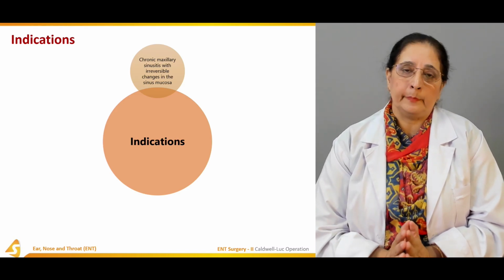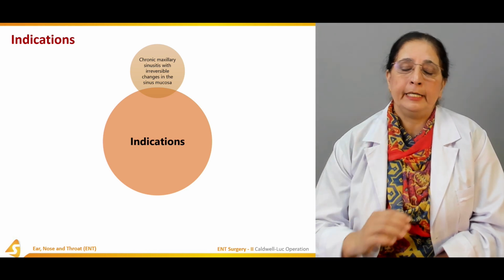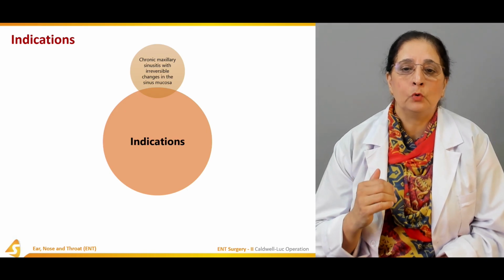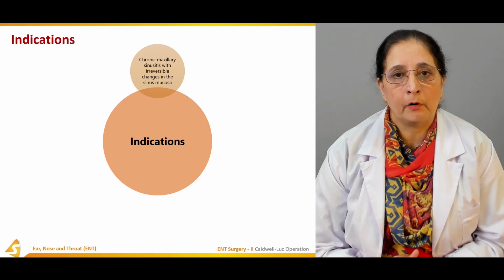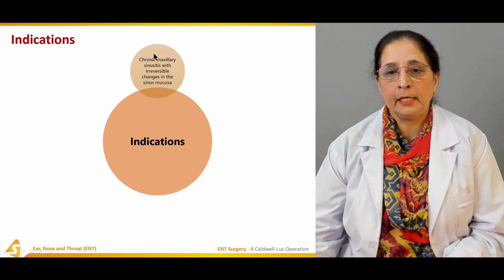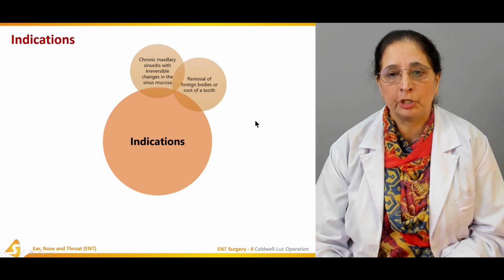But irreversible changes in the mucosa are a contraindication for that, whereas anterior antrostomy can be performed in this condition. So chronic maxillary sinusitis with irreversible changes in the sinus mucosa is one indication.